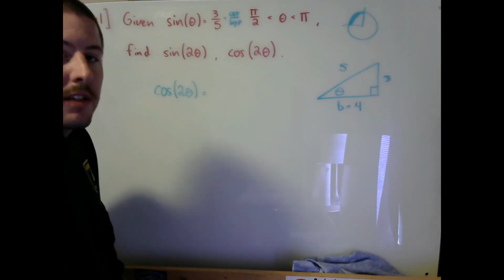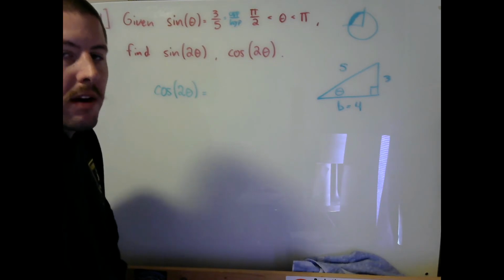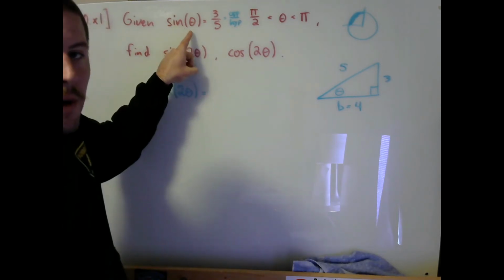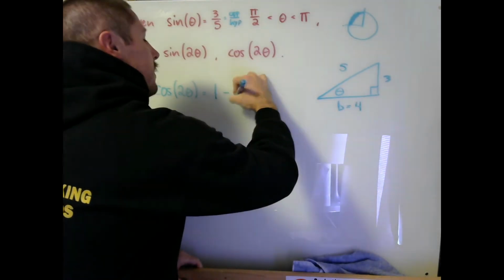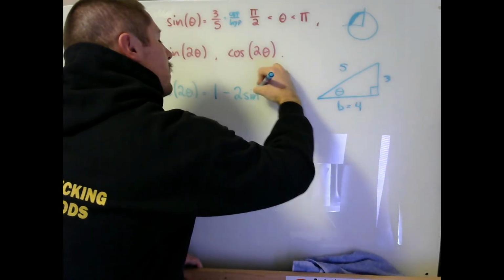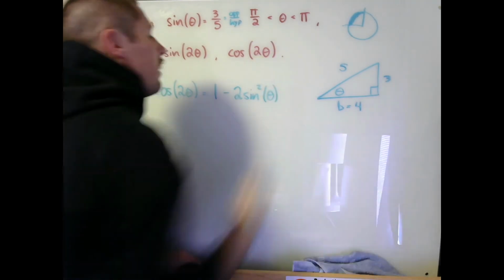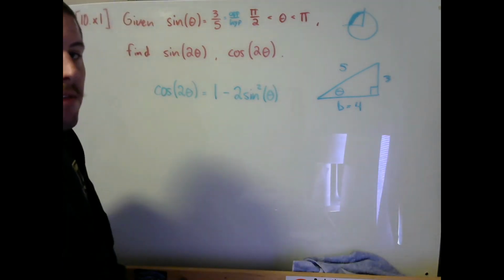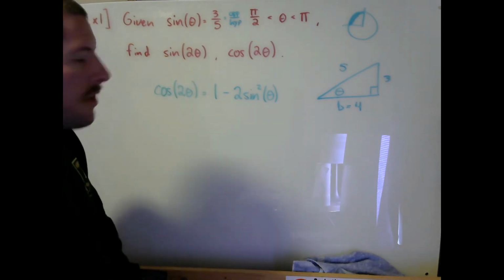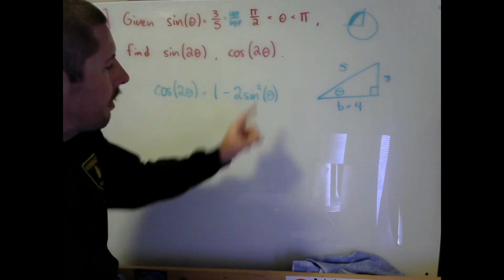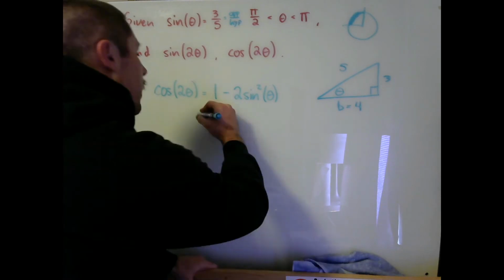Of the 3 double angle formulas for cosine, the one that involves the sine function, the one that has information that I already know about, is 1 minus 2 sine squared of theta. This is good because we already have all the parts that we know. All we need to know is sine of theta, and I know that it's 3/5. The only thing I want to be very careful about here is applying this square.